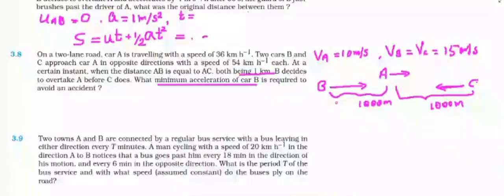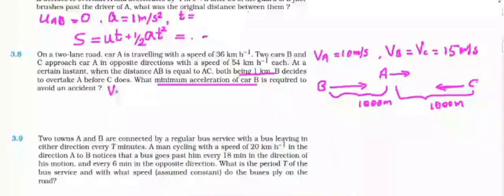So first of all, we can calculate the time taken by C to reach A. There you can see velocity of C with respect to A, relative velocity we need to calculate.